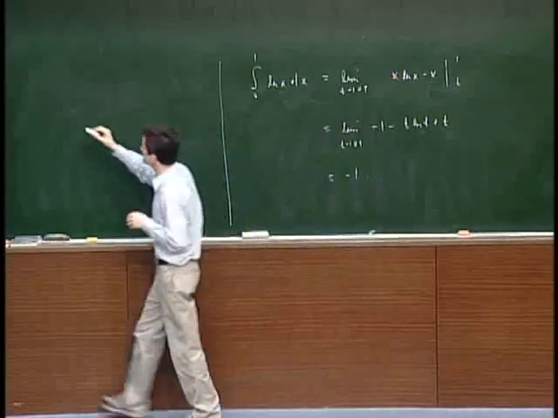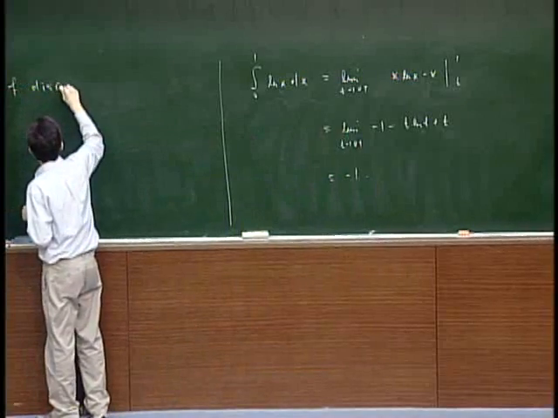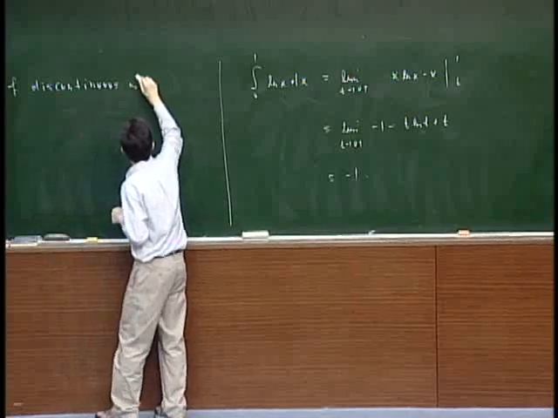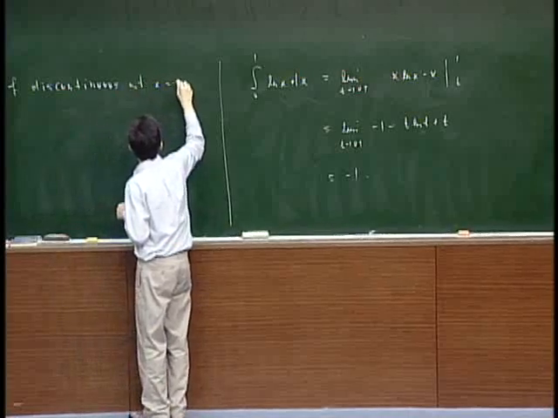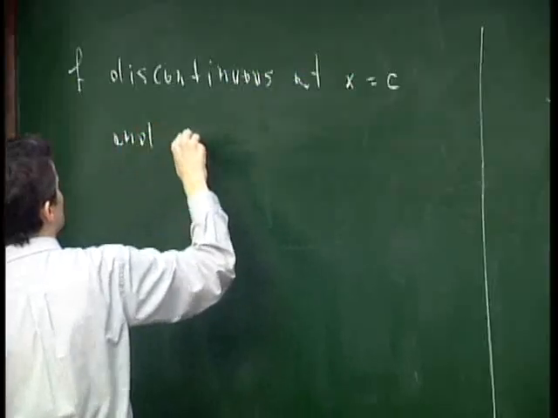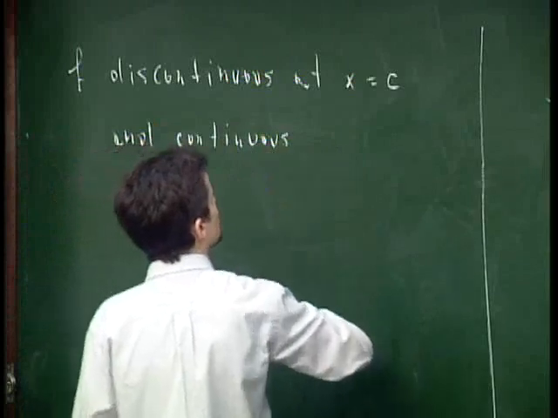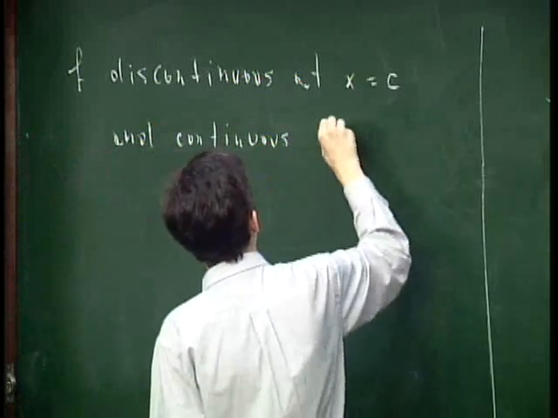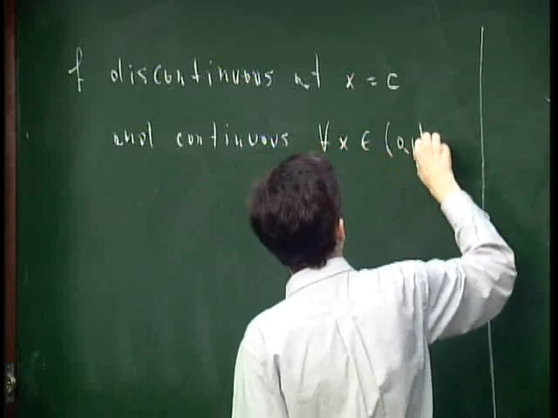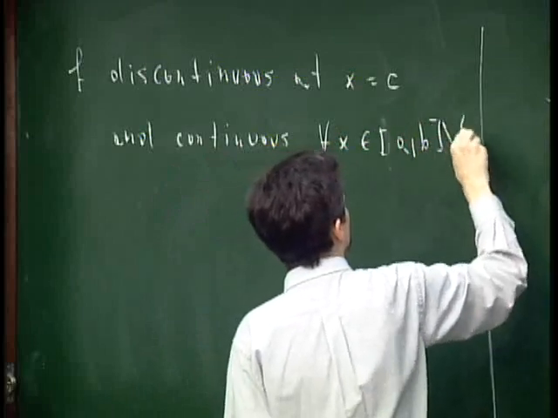So you have a function f which is discontinuous at some x equal to c and continuous for all x in some interval, let's say [a, b], without the c.